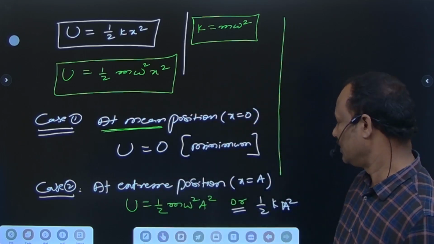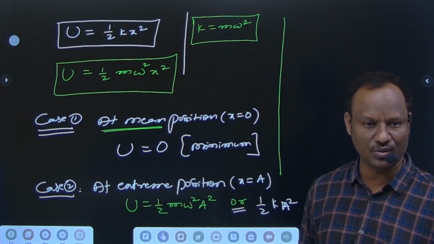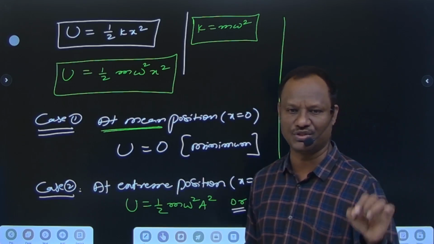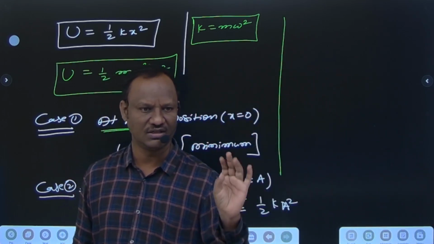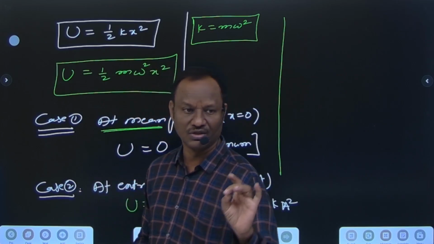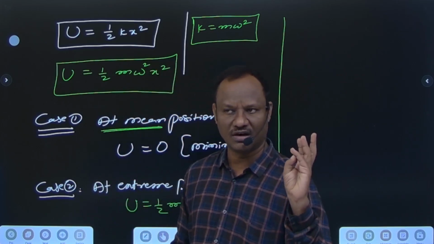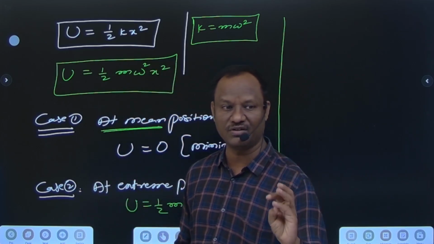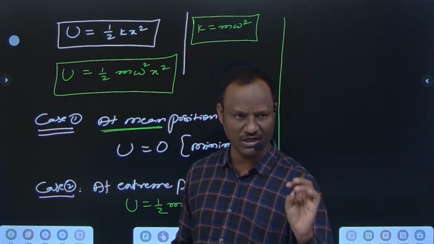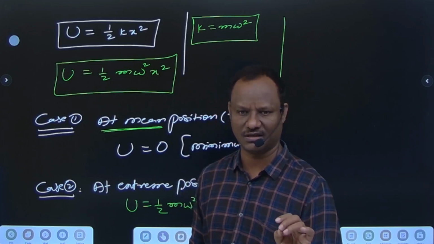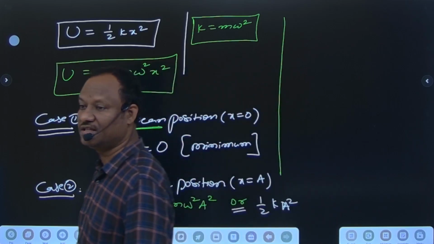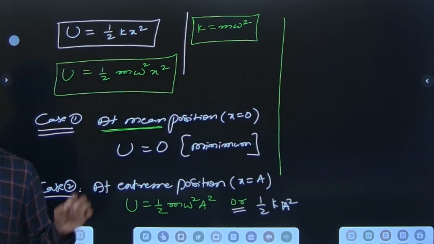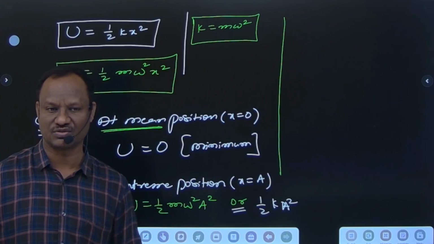Now I want to know the time dependent and position dependent forms for the displacement, the velocity, and the acceleration. For velocity, the time dependent form is v is equal to a omega cos omega t. Position dependent is omega under root of a square minus x square.